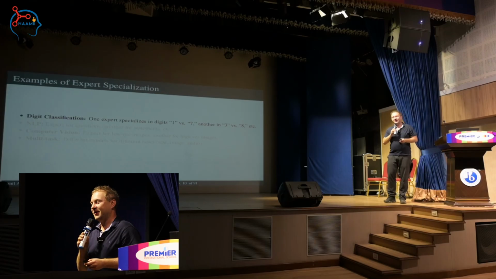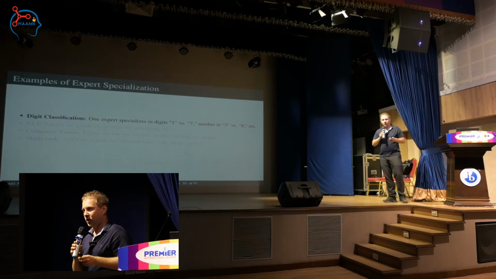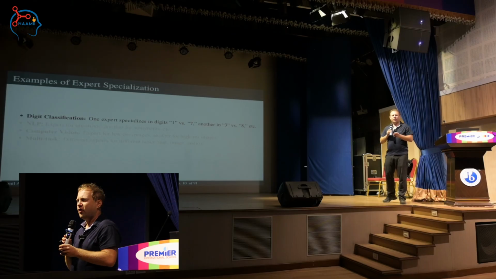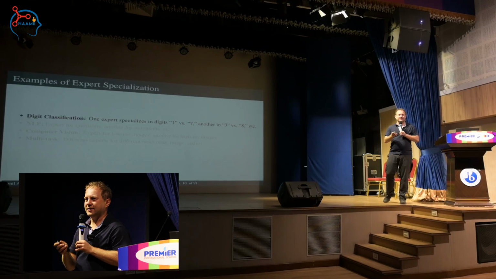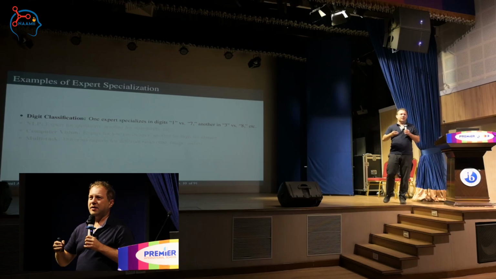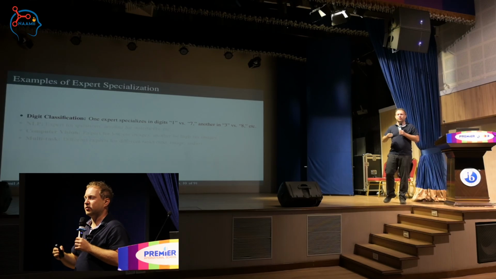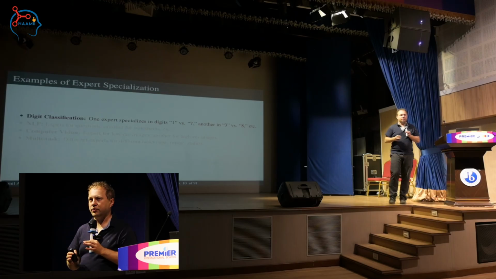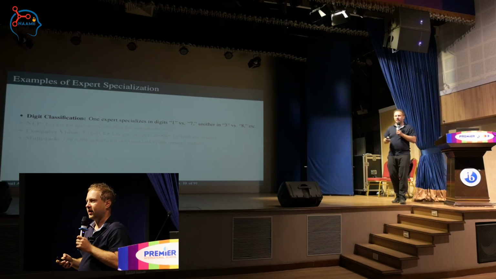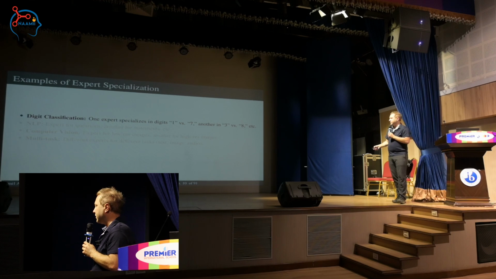Okay, so these are examples of these specializations. Of course, these are simplifications. In reality, it's not exactly like this. Those experts will be learned and they will have some specializations which might not be as interpretable, but generally this is the key idea behind the experts.